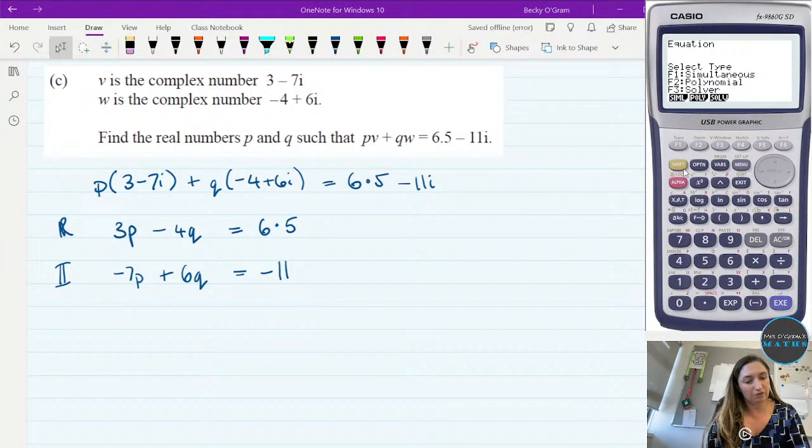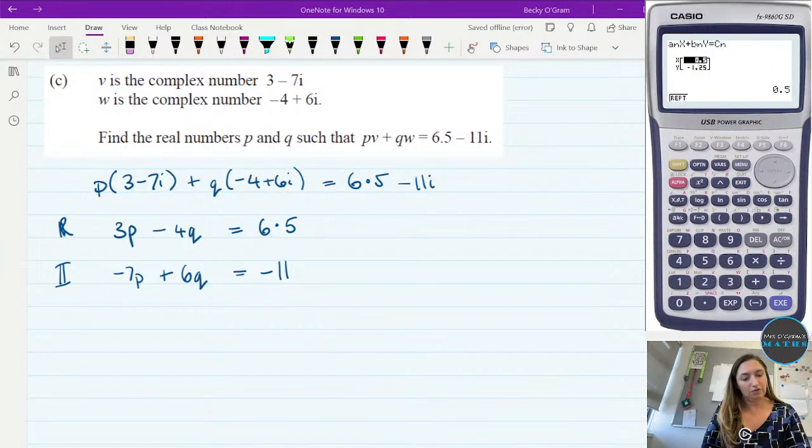So I'm going for the simultaneous equation solver here with 2 unknowns. We have 3, negative 4, and 6.5. And then we've got negative 7, 6, and negative 11.